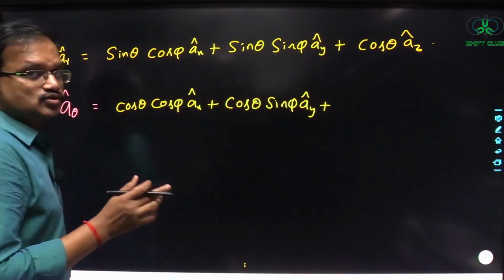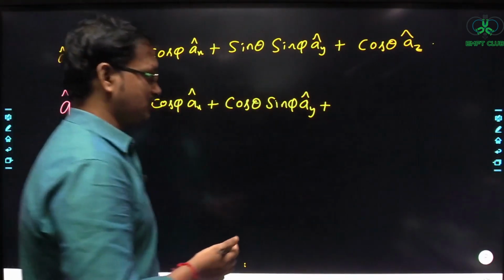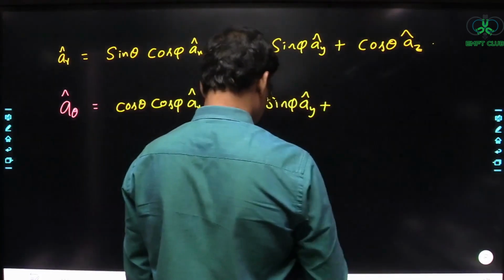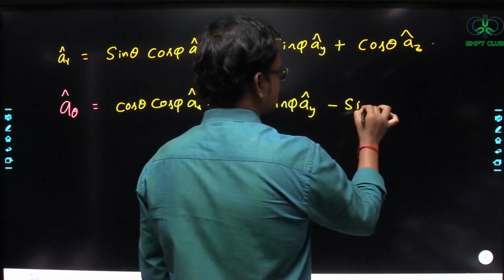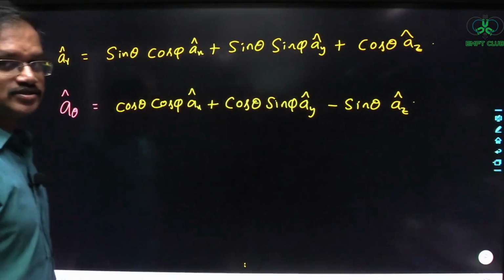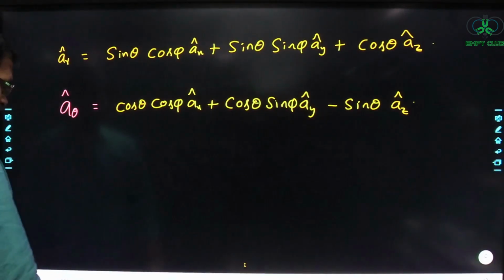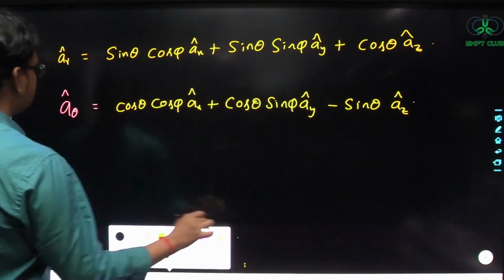Understood? So cos of 90 plus theta is the component along z direction, and cos of 90 plus theta is minus sin theta. So you can write minus sin theta az cap.